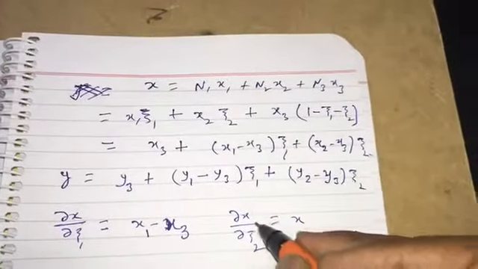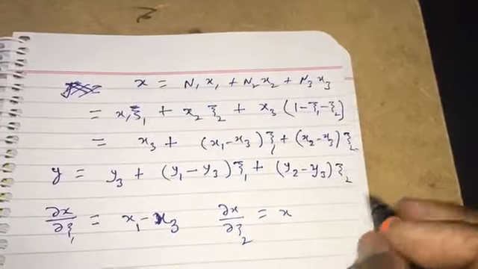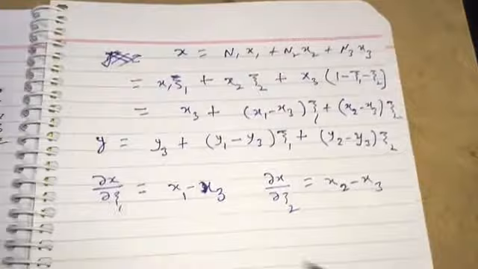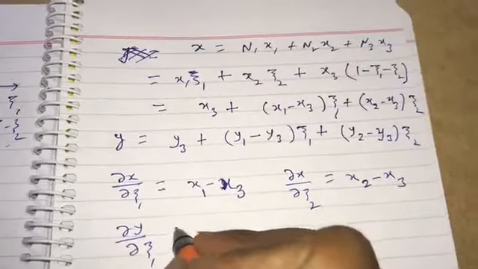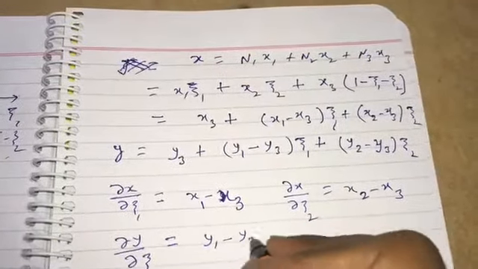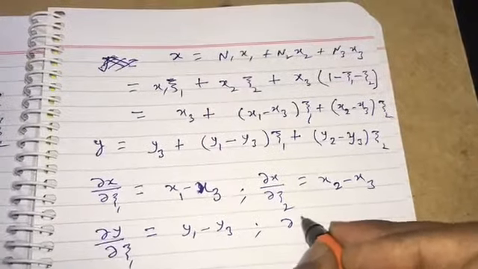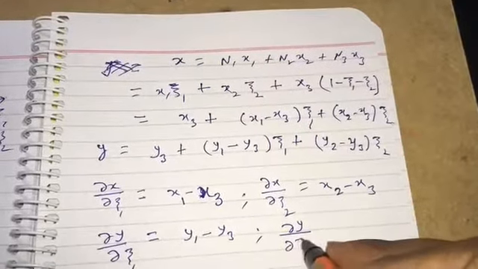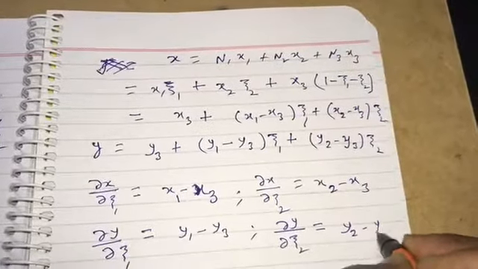Then del x over del xi2 becomes x2 minus x3, and similarly del y over del xi1 becomes y1 minus y3, and del y over del xi2 becomes y2 minus y3.